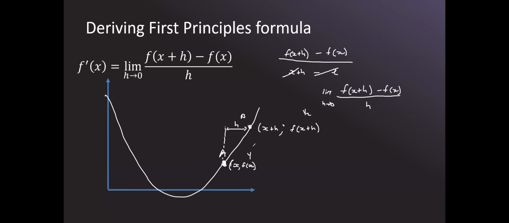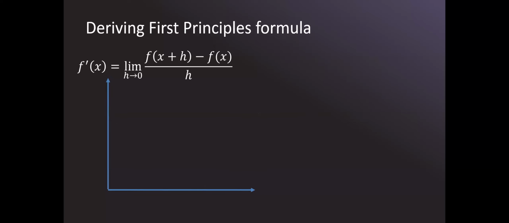If you take the limit as h approaches 0, what you get is the derivative formula, or the first principles formula. That's where it comes from. I'm hoping we're all clear there. Okay, there are no questions, I'm going to carry on.